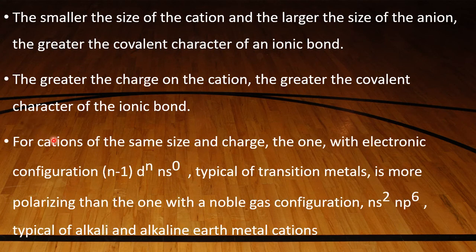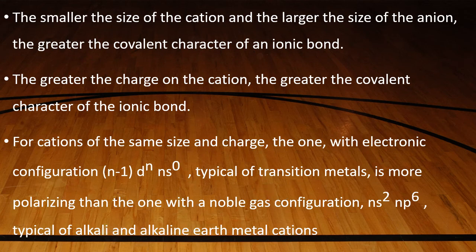For cations of the same size and charge, the one with electronic configuration (n-1)d^n ns^0, typical of transition metals, is more polarizing than the one with a noble gas configuration ns2 np6, typical of alkali and alkaline earth metal cations.